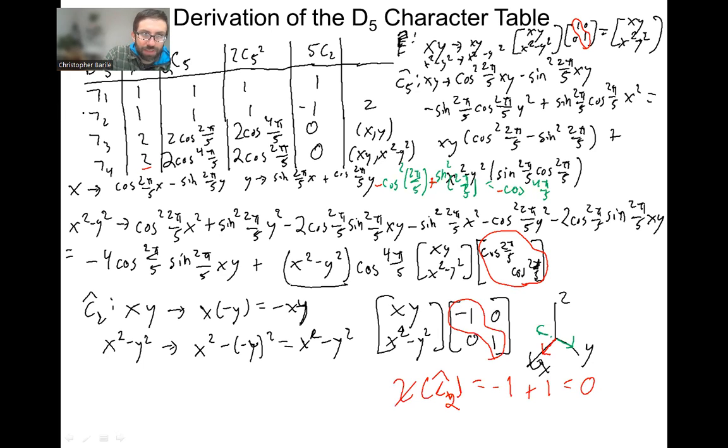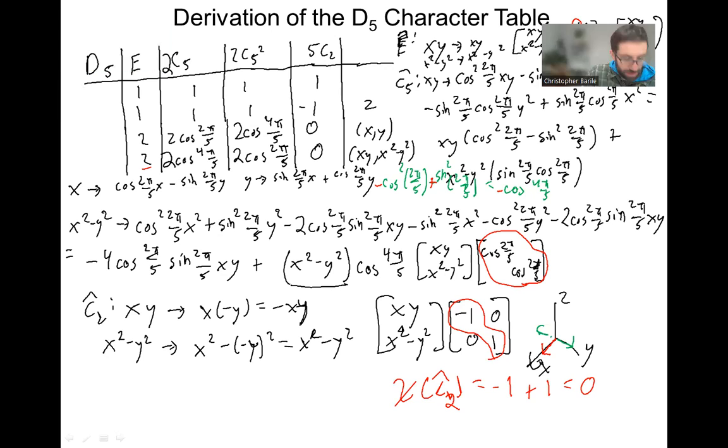The only thing left that we have to do is put in the Mulliken symbols. And so how do our Mulliken symbols work here? Well, just like always, we call these E's because they have a dimensionality of 2. It's Mulliken symbol rules.